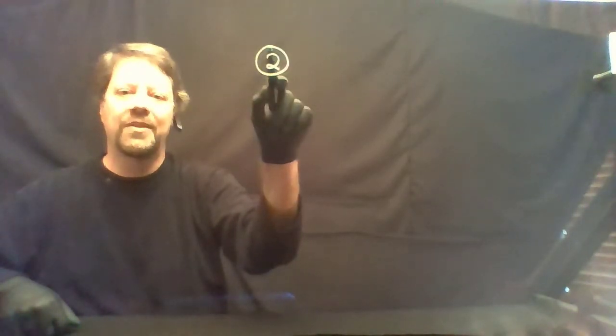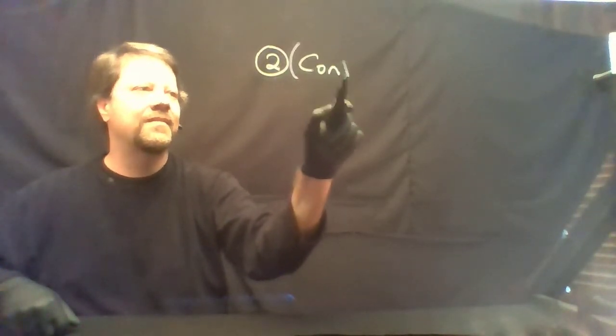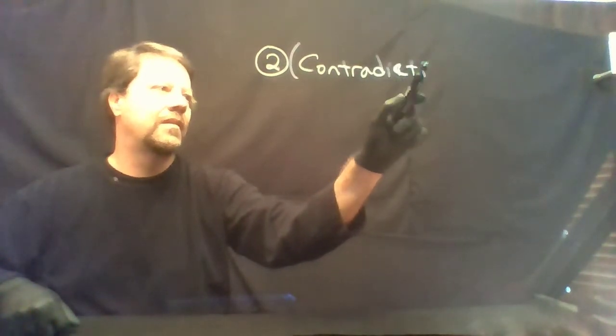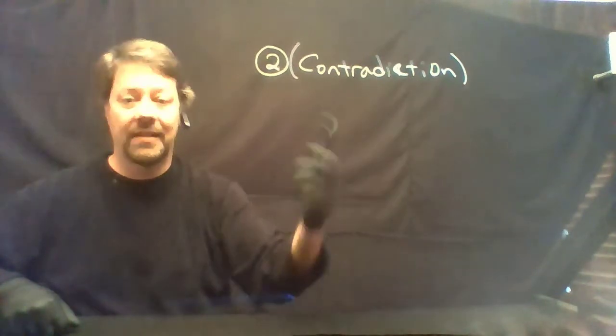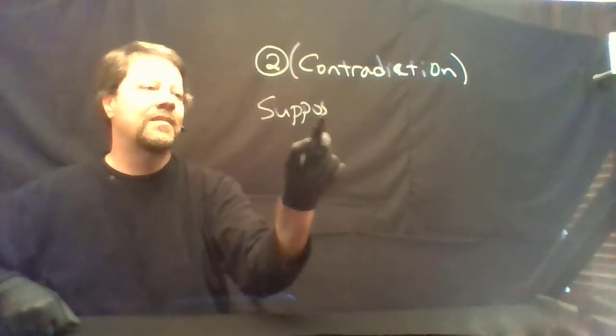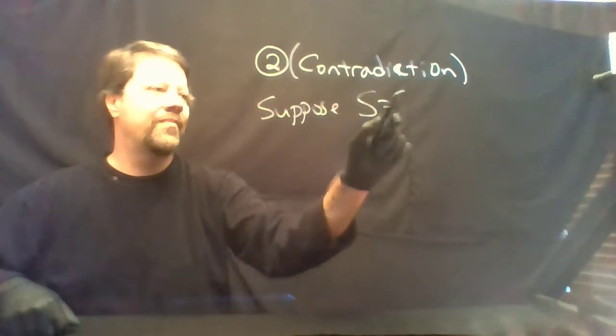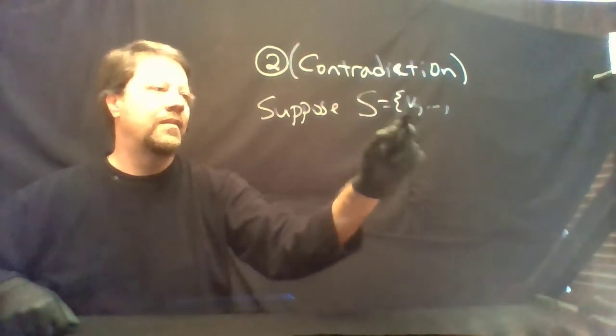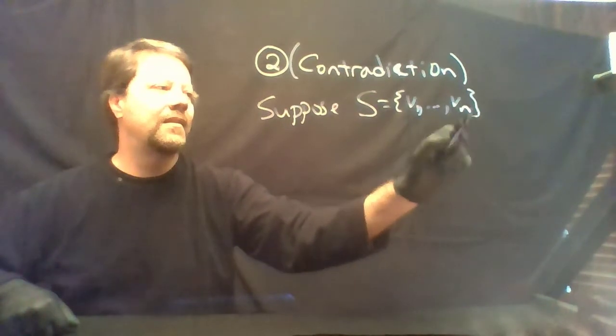The proof of part 2 is also by contradiction. Reductio ad absurdum. Suppose S is V1 through Vn.